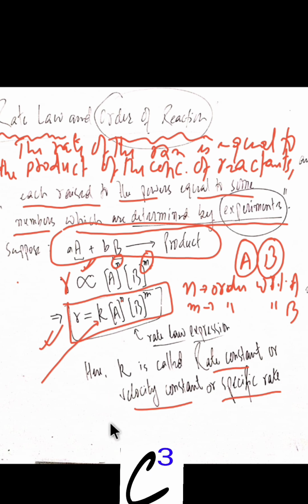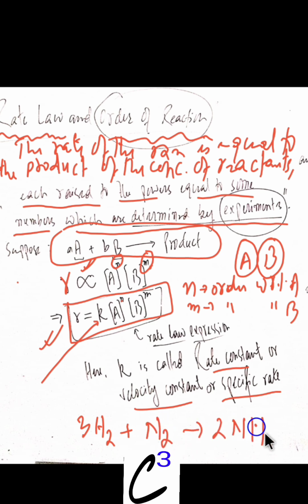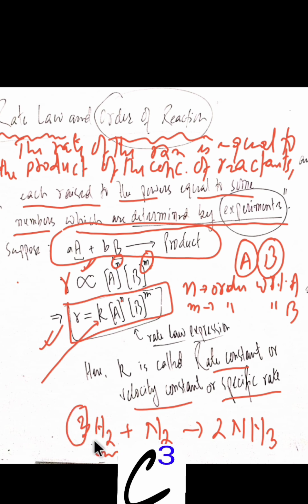not from the balanced chemical reaction. Suppose I am saying this reaction 3H2 plus N2 gives 2NH3, this is a balanced chemical reaction, and we cannot say the order with respect to hydrogen is 3, because its order is not actually 3.